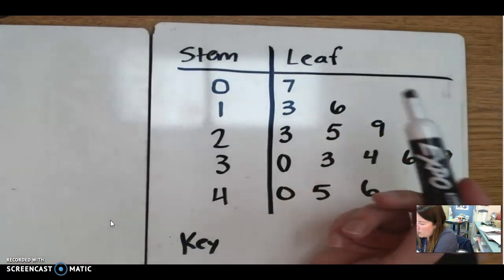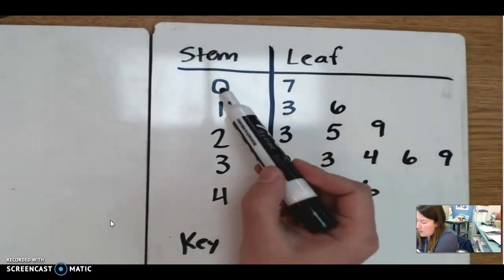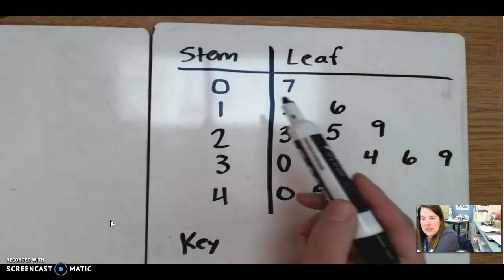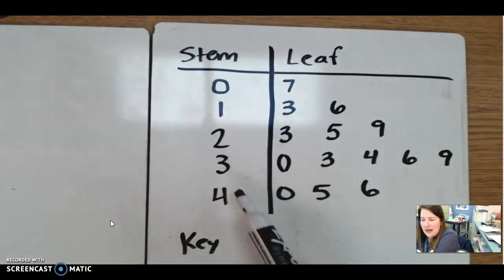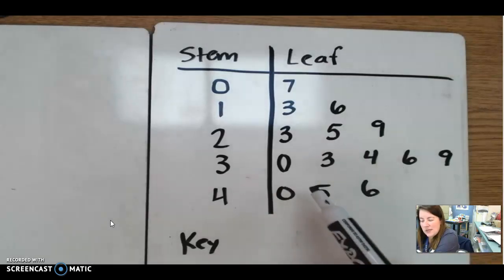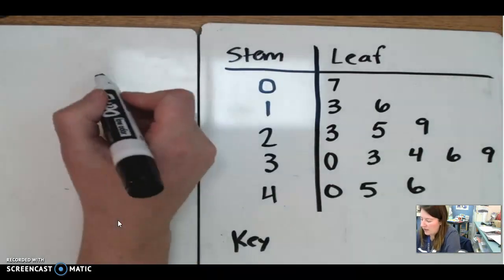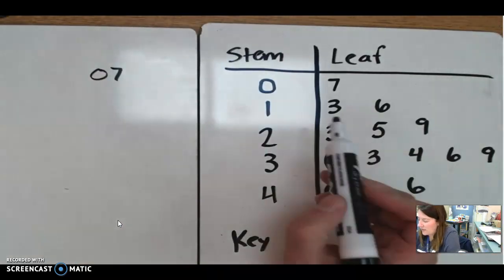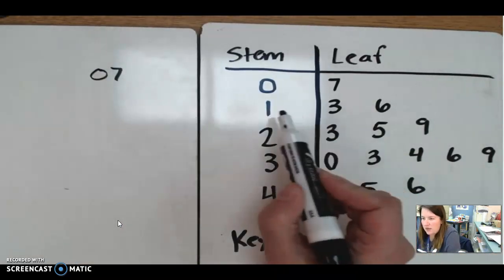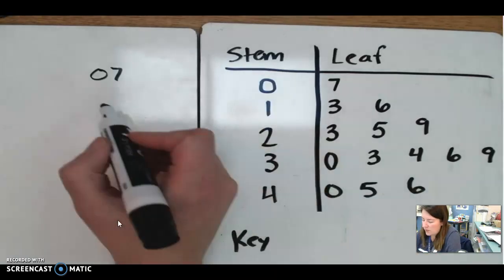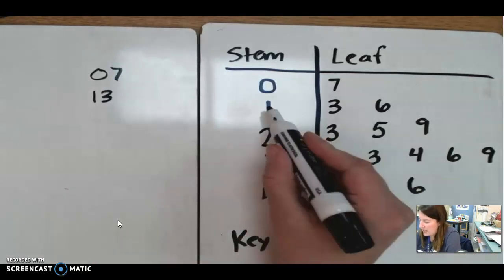So far we've learned that they're broken down basically by place value. The stem side seems to be like the tens place and the leaf side is like the ones place. So like 0 and 7, we put them together, and that's a 7. 1 and 3, there's a 1 in the tens place, a 3 in the ones place, that's a 13.